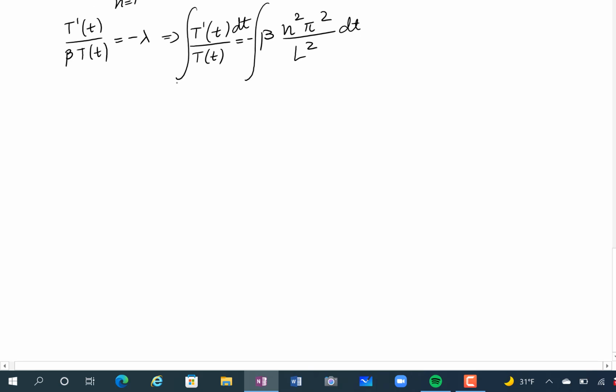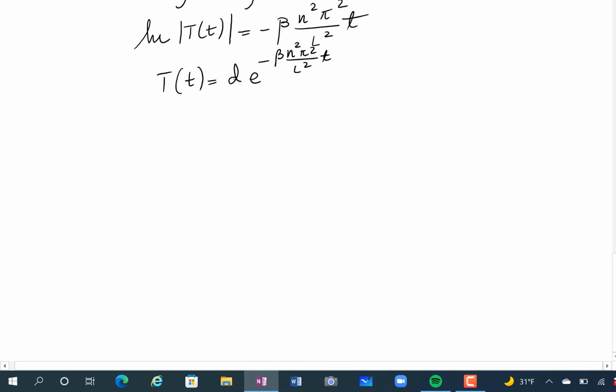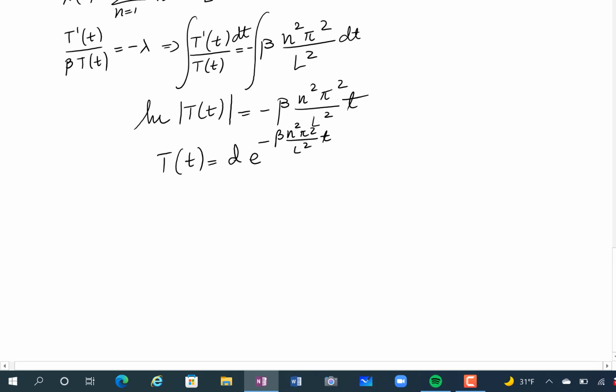So we actually get ln of the absolute value of T equals negative beta n squared pi squared over L squared t. So T equals a constant, let's call it d, times e to negative beta n squared pi squared over L squared t.